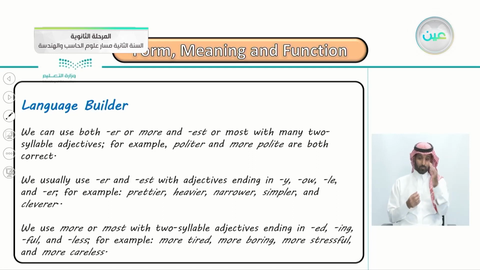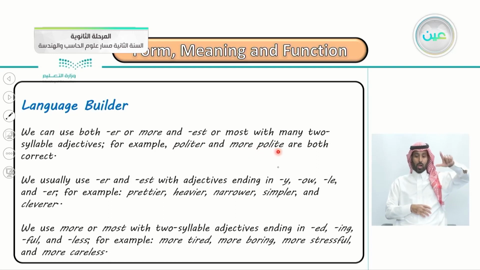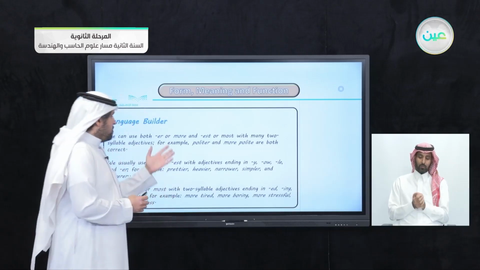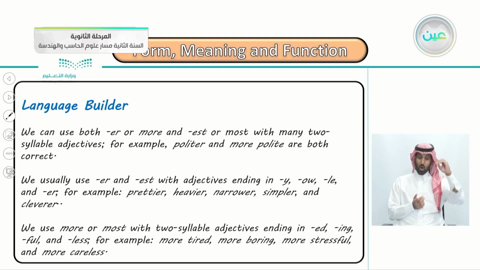For example, the adjective polite, you can say politer or you can say more polite. They both are correct. Polite is a two-syllable adjective, so you can either write politer or more polite.